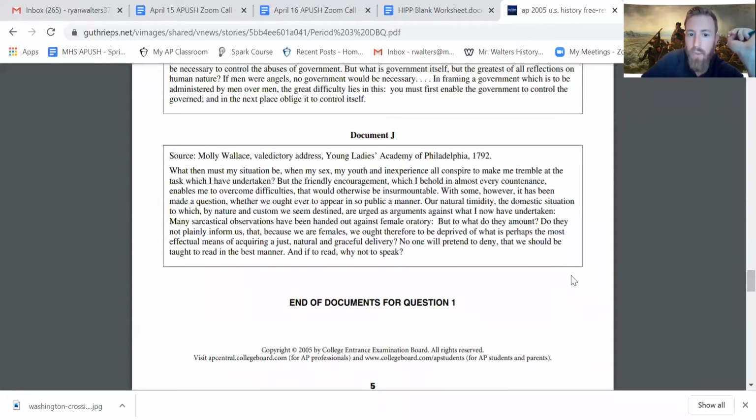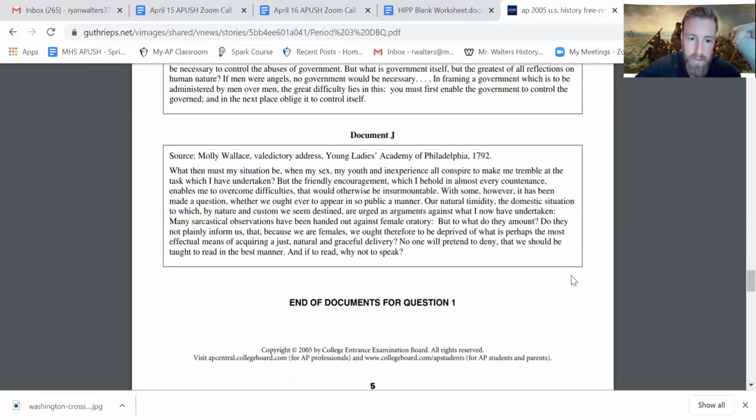What then must my situation be when my sex, my youth, and inexperience all conspire to make me tremble at the task which I have undertaken? But the friendly encouragement which I behold in most every countenance enables me to overcome difficulties that would otherwise be insurmountable. With some, however, it has been made a question whether we ought ever to appear in so public a manner, our natural timidity, the domestic situation to which, by nature and custom, we seem destined, are urged as arguments against what I now have undertaken.